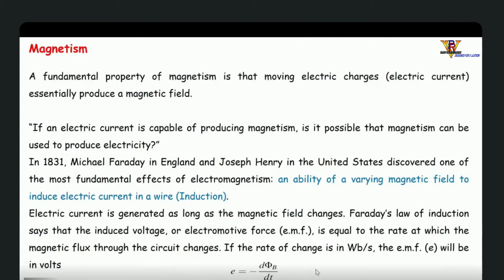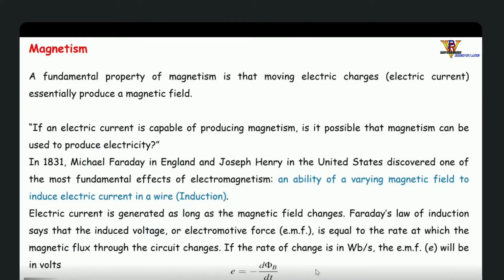So yesterday we discussed it. Michael Faraday discovered a fundamental effect of electromagnetism. And what is that? Induction, the ability of a varying magnetic field to induce electric current in a wire. The electric current is generated as long as the magnetic field is varying.